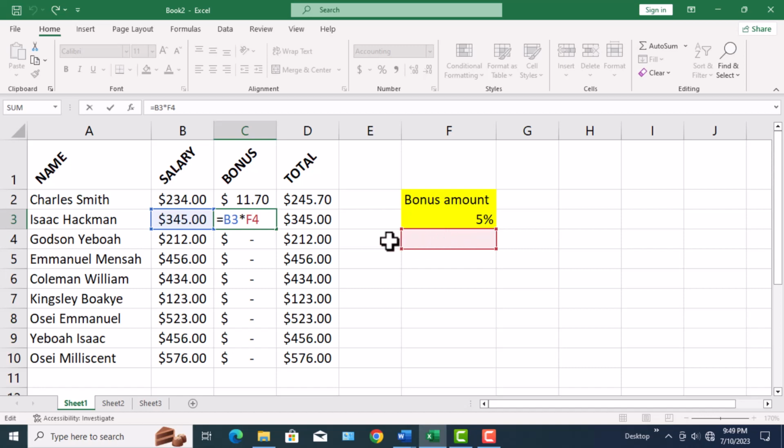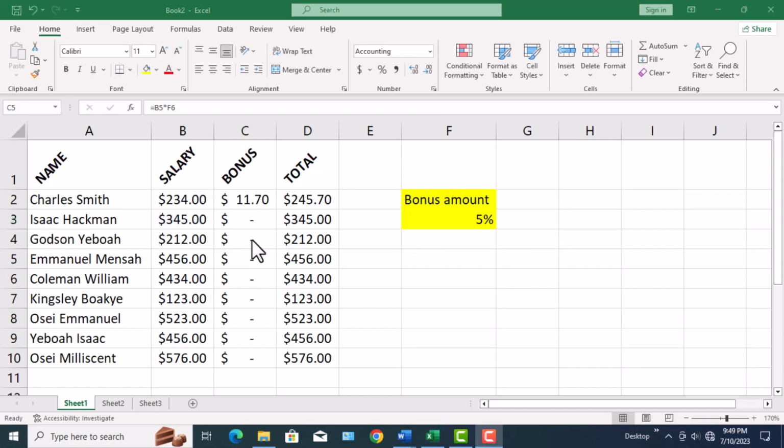So it means that as the B column is moving down, the F column is also moving down, and we are not having any value at F4. That is why we are having this kind of error here.